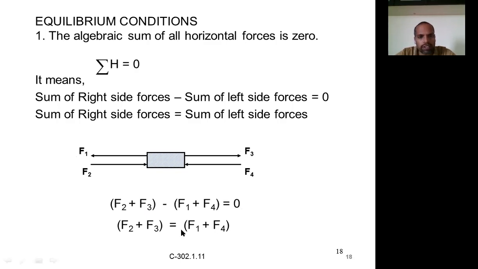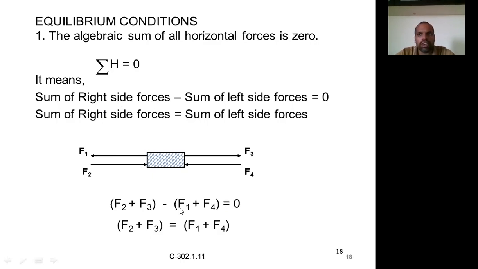In other words, F2 plus F3 means all the forces towards the right side, and F1 plus F4 are all the forces acting towards the left side. This is the equation: sum of right side forces minus sum of left side forces.